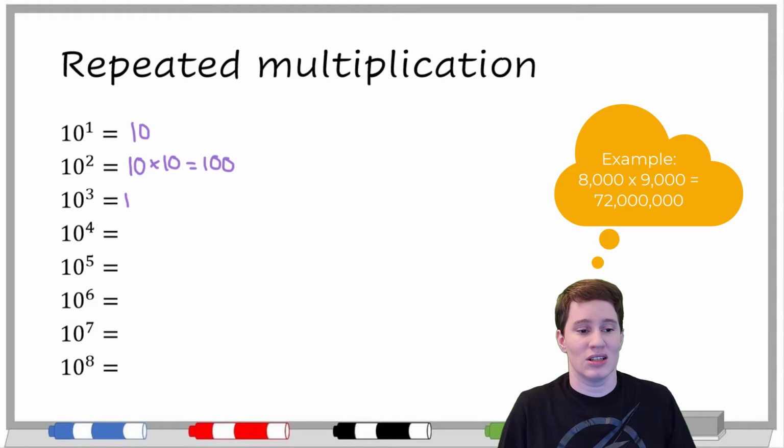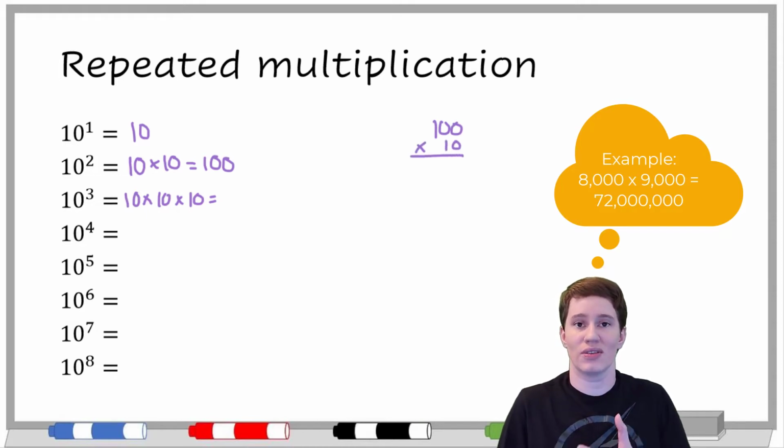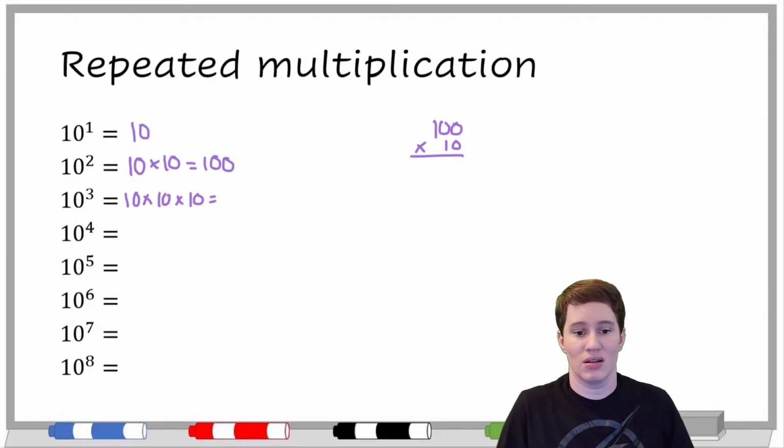So the idea would be 10 times 10 times 10. Now, we can do 10 times 10 and get 100 again, and then when we do 100 times 10, what I'm saying is we can ignore the zeros and just do 1 times 1, but then because there are 3 zeros, our answer should have 3 zeros to the right of the 1 that we came up with.